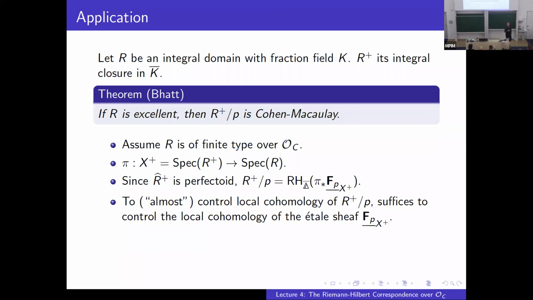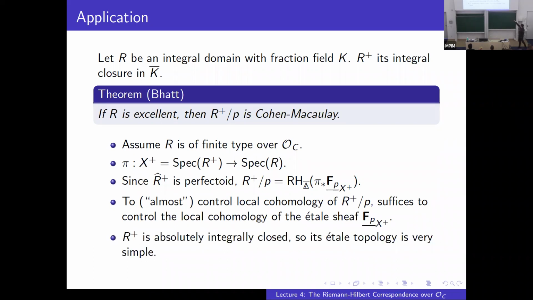Now, because of the statement I told you on the previous slide, this non-obvious t-exactness property of the Riemann-Hilbert construction, you get information about the local cohomology of R plus mod p if you can understand the local cohomology of the constant sheaf F_p on this scheme X plus.